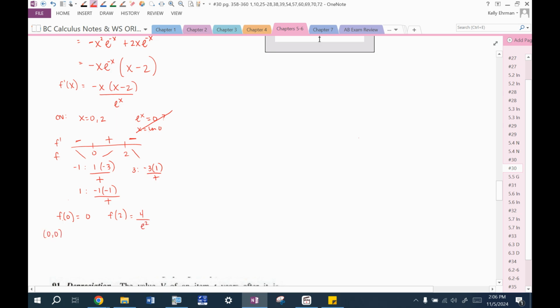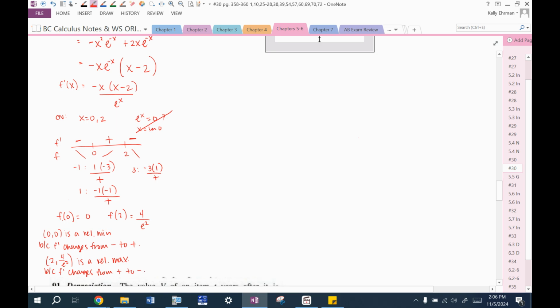So 0, 0 is a relative min because f prime changes from negative to positive. 2, 4 over e squared is a relative max because f prime changes from positive to negative.